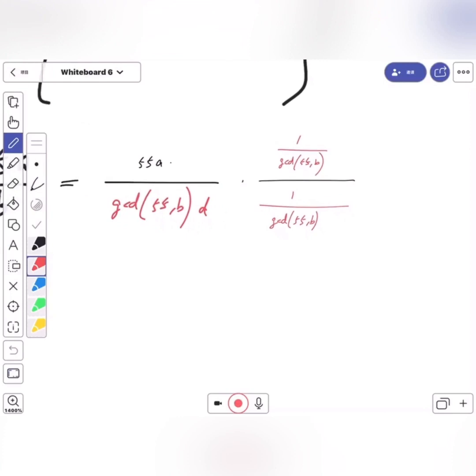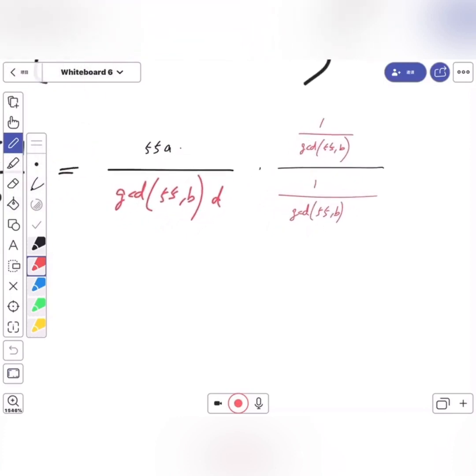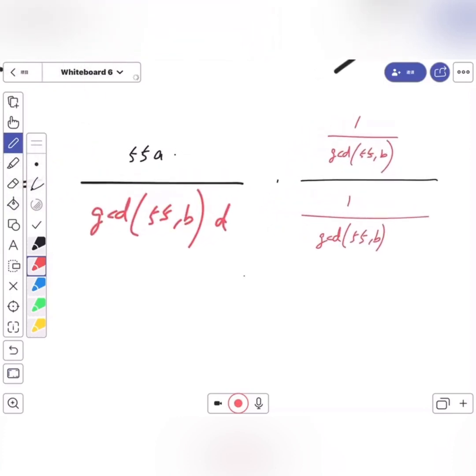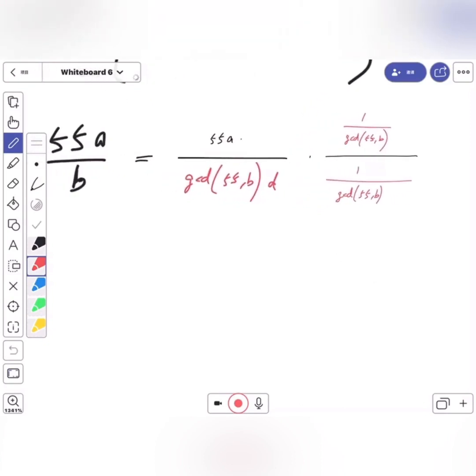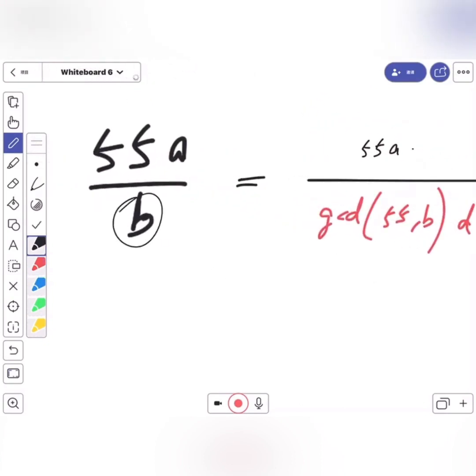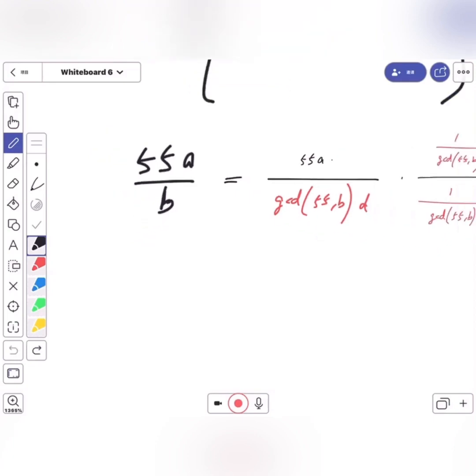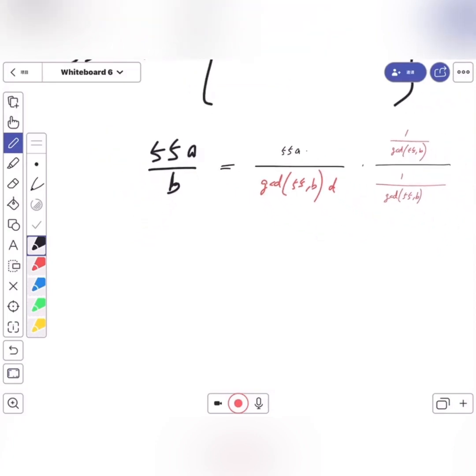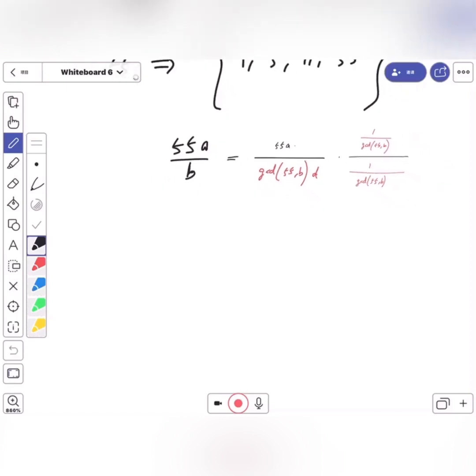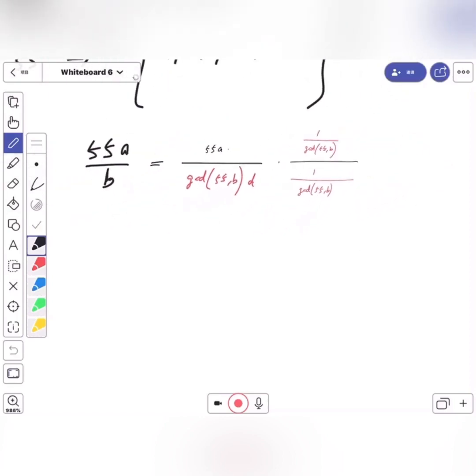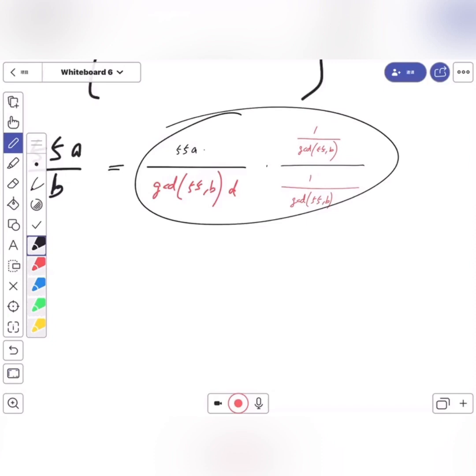And we know that this must be in the simplest form, because since A and B are relatively prime, then B must cancel out with some factors of 55 to make it more simplified, or just not cancel out when 55 and B are also relatively prime. So now we just want to see what the cases of this are.